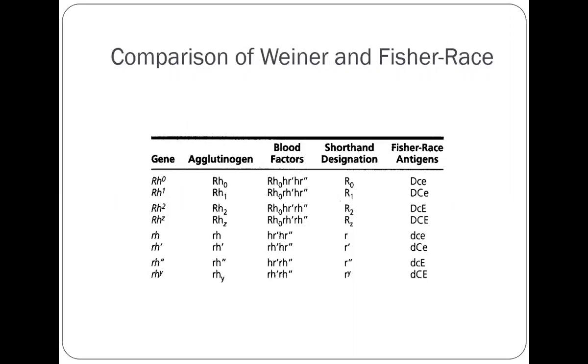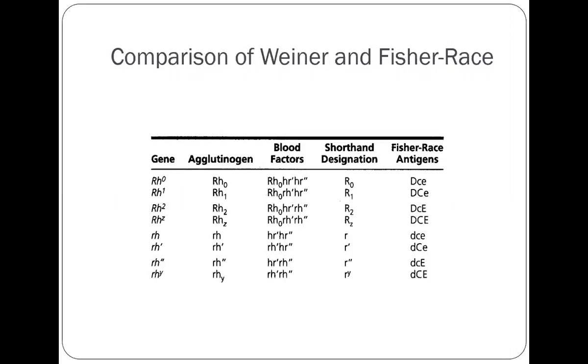And based off of the inheritance of those 3 different epitopes or factors, you can actually have a shorthand way to describe that inheritance pattern, and that's what's listed on the shorthand designation. And then those shorthand designations can actually be translated into a Fisher-Race antigen system, which you'll notice has the 3 different genes there listed. So what do all these letters mean?